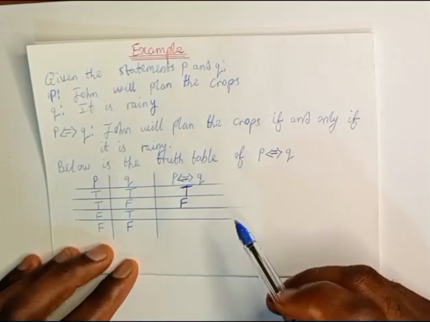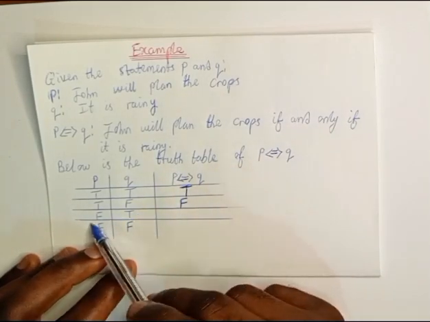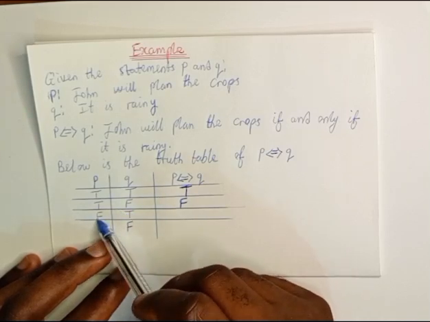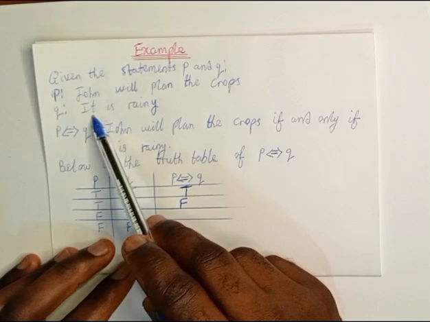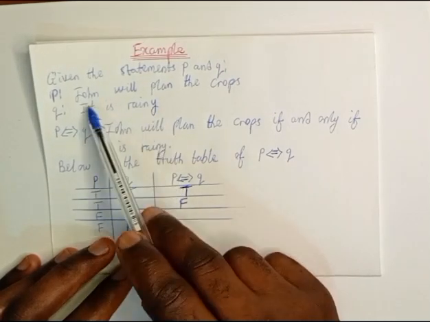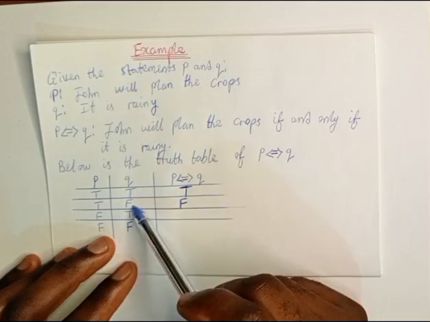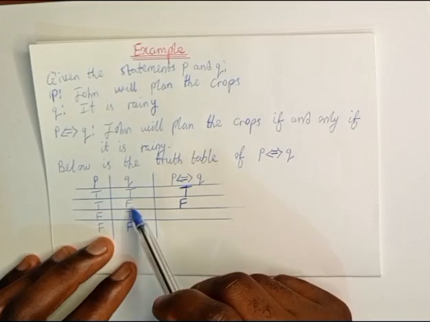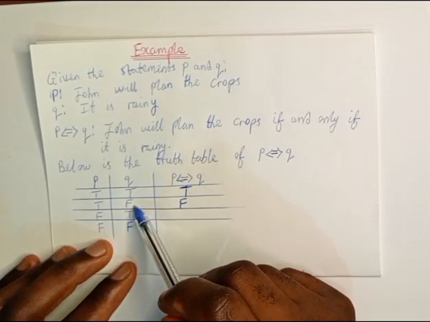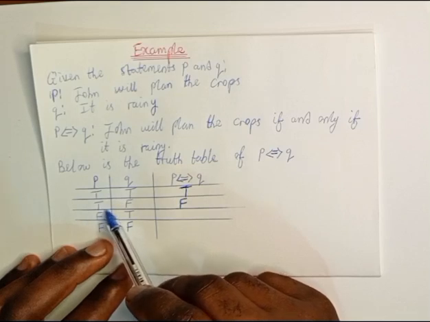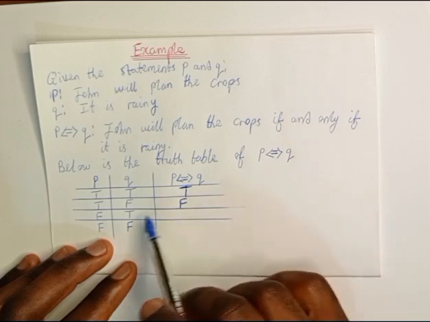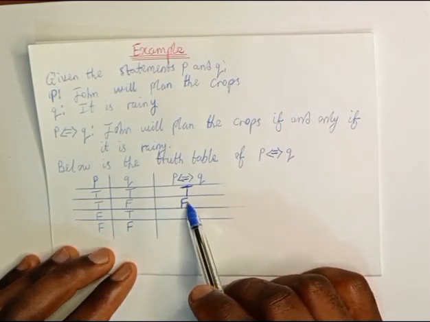It is false simply because going back from Q to P, that is, if it is raining, then John will plant the crops, the hypothesis is false, it is raining, and the conclusion is true. Remember, when the hypothesis is false and the conclusion true, for the conditional statement, the statement is false. That's the reason why we have false here.